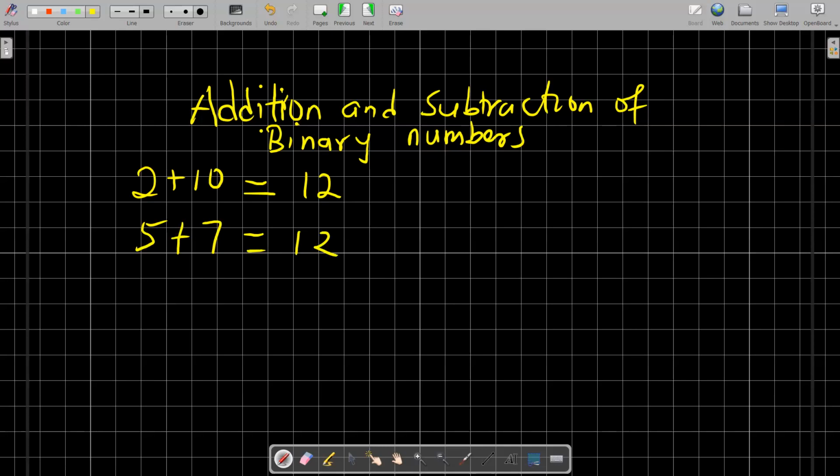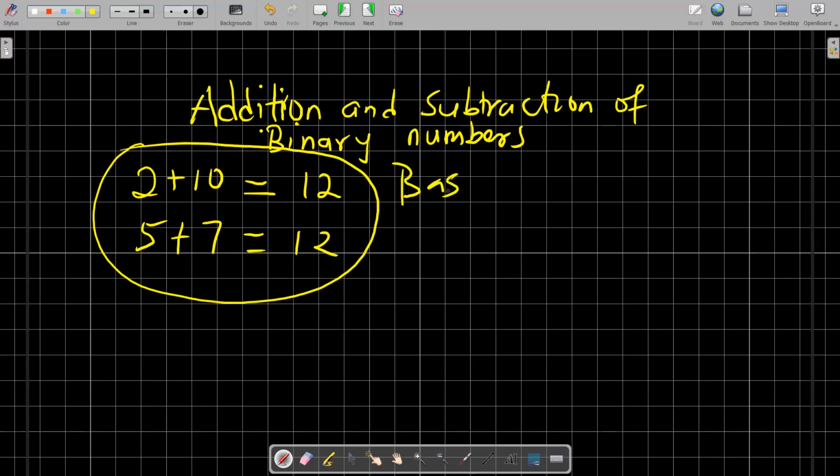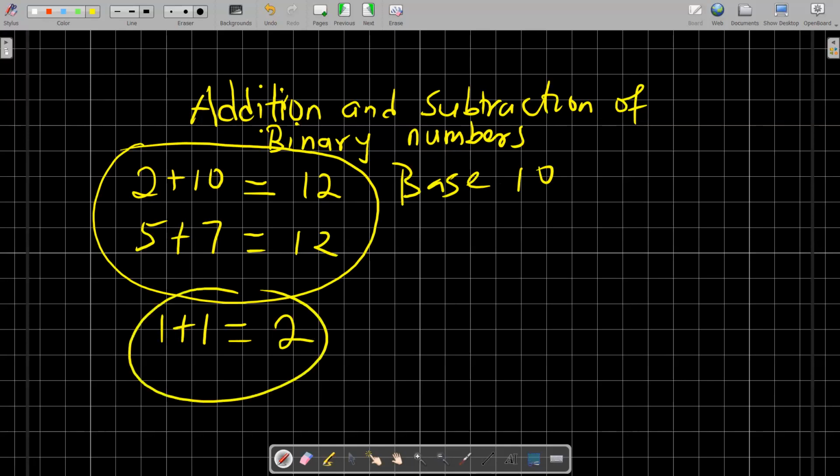Kindly note that what you are simply doing is working in decimals, that is in base 10. Yes, 1 plus 1 is equal to 2. This will only happen when you are talking in base 10.